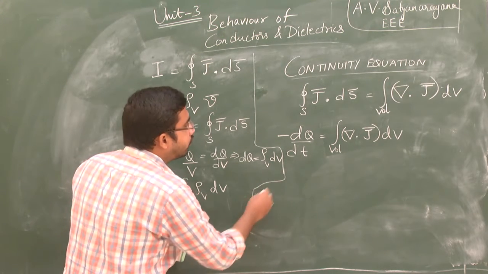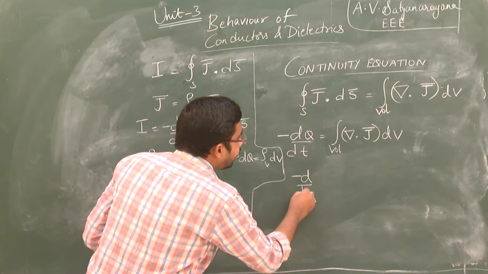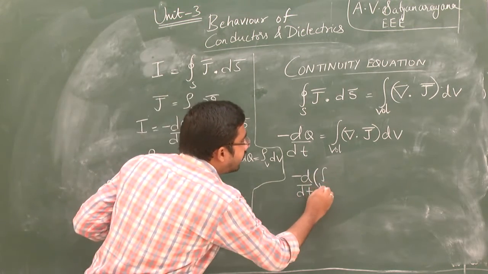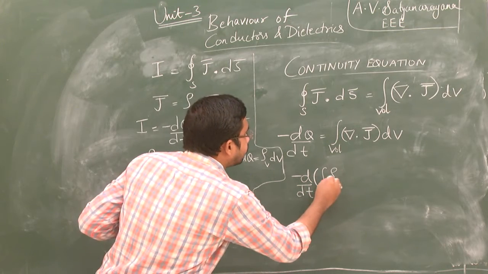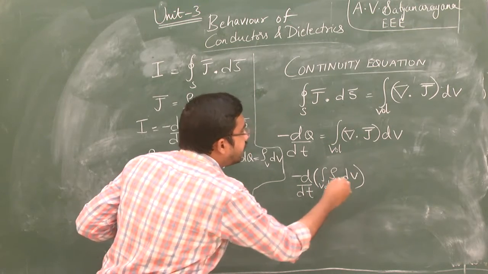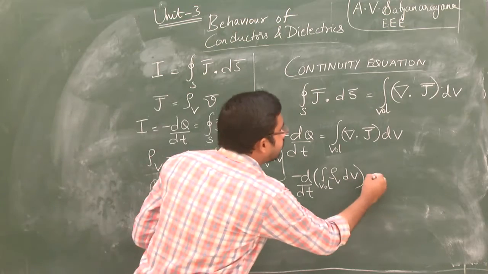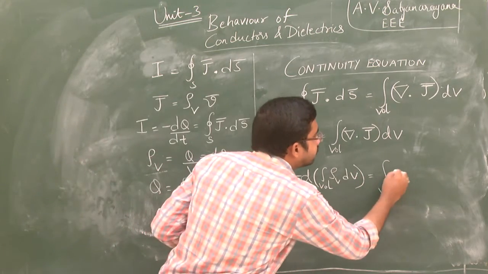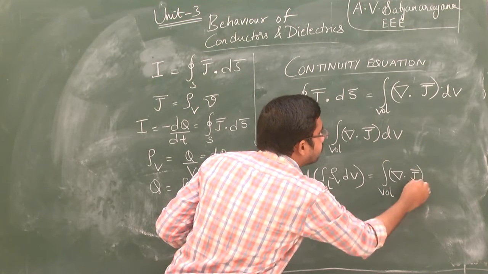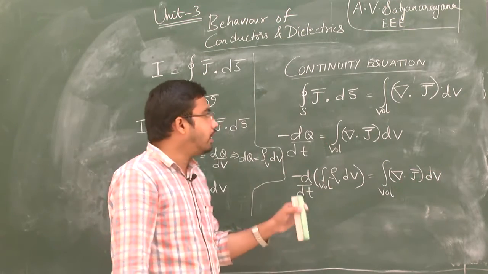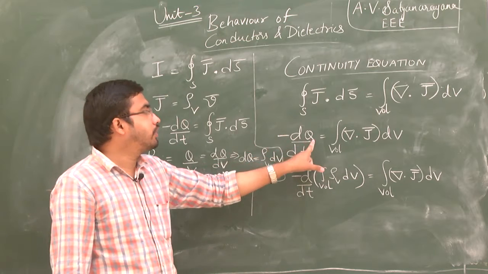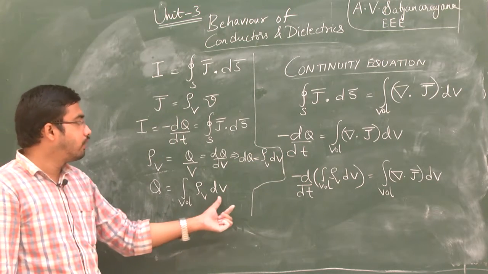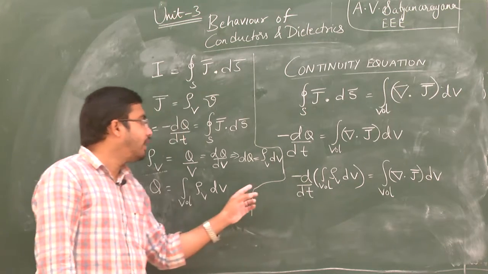So here, minus d by dt of, in the place of q, the volume integral of rho v dv, is equal to the volume integral of del dot j bar dv.